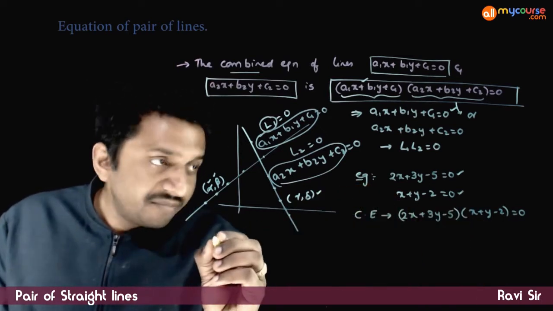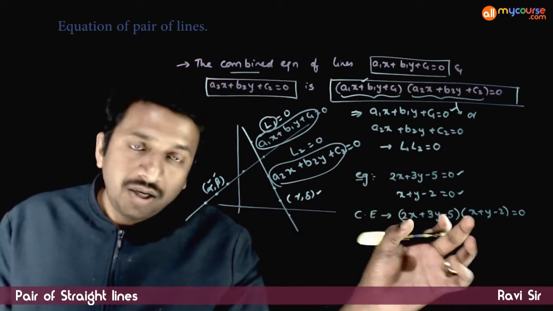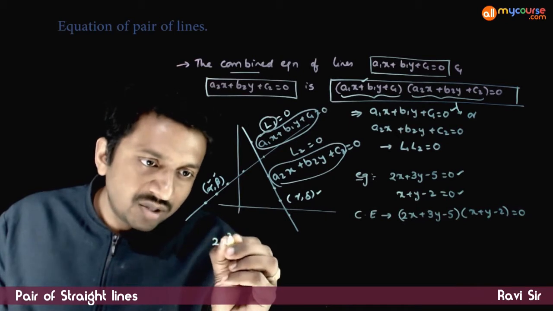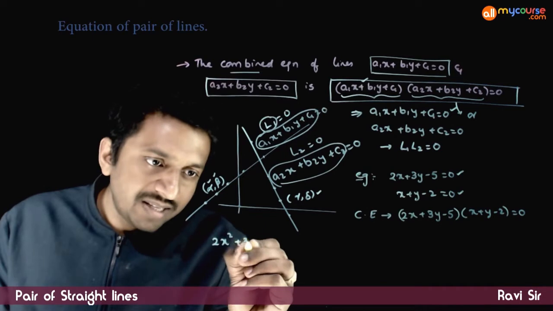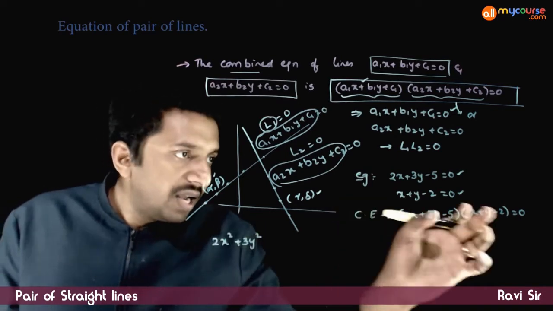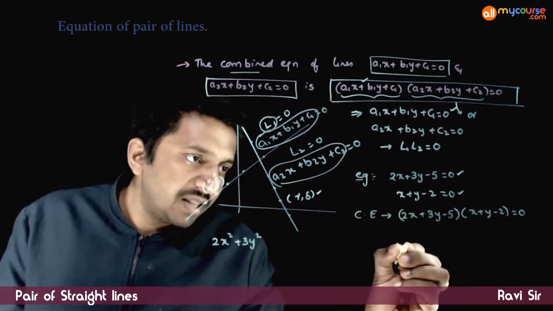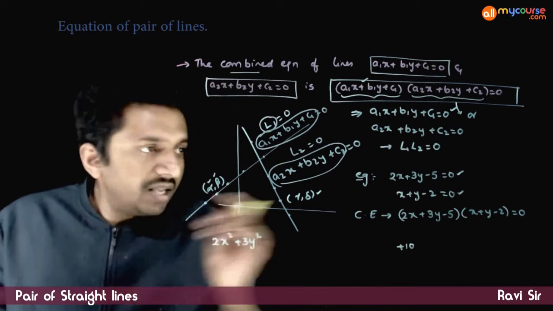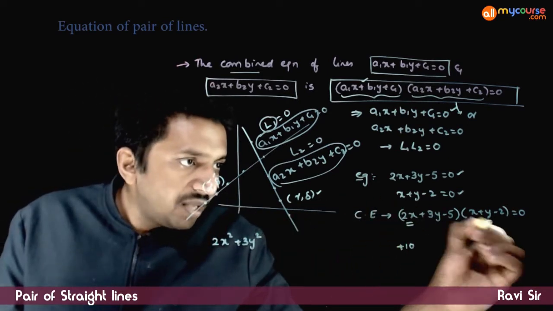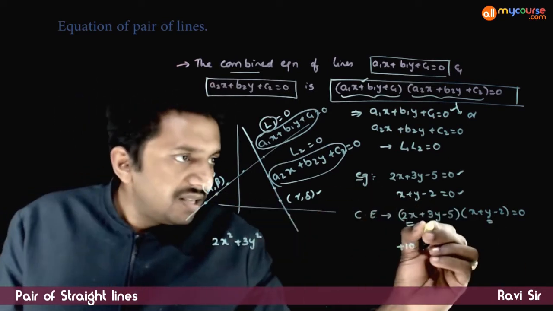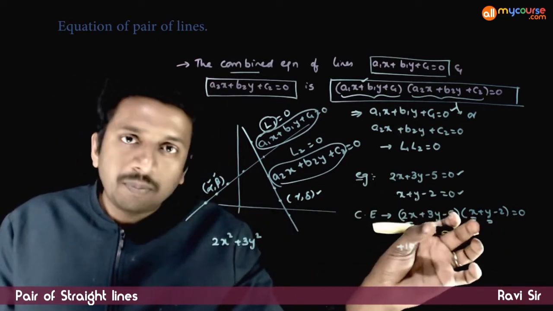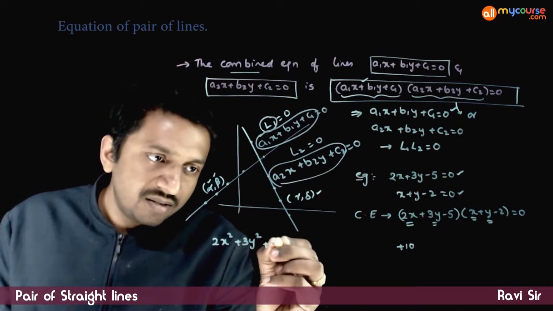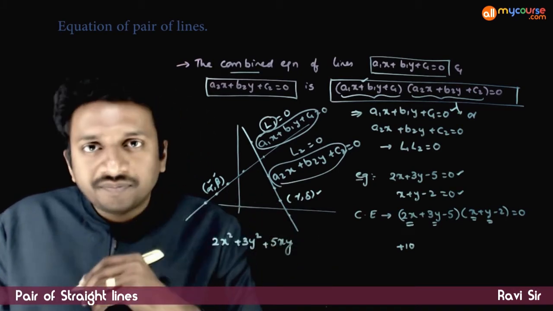So you get 2x into x is 2x square. 3y into y is plus 3y square. If you take the constant terms, you get the constant term. And if you multiply 2x with y, you get 2xy, 3y with x, 3xy. So 2xy plus 3xy is 5xy.